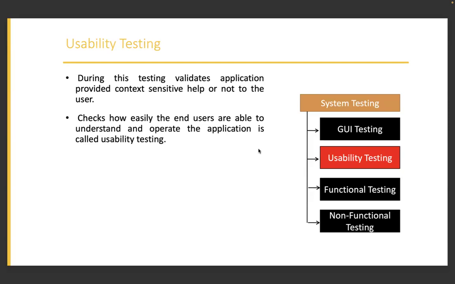But if there are complex scenarios or complex steps involved in using that website, that comes under negative testing of usability testing. So overall, the process is how the end user feels whenever he is using the website. That is something we call usability testing.